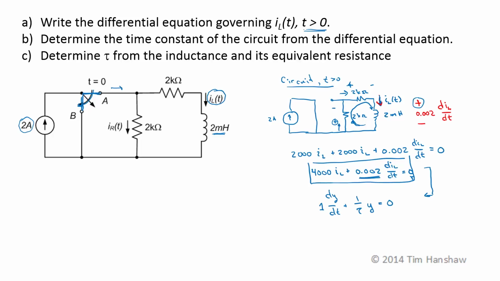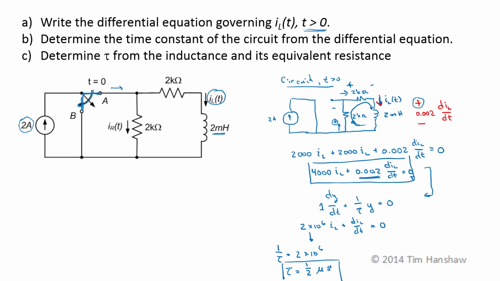If I divide everything by 0.002, I have 2 times 10 to the 6th I sub L plus dI_L/dt is equal to 0. So this is 1 over tau. So tau is 1/2 of a microsecond, or 1 over 2 times 10 to the minus 6th.